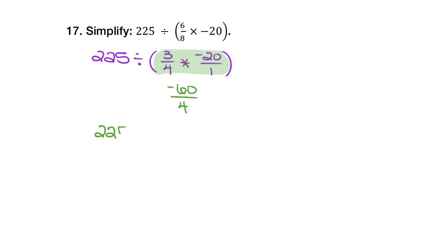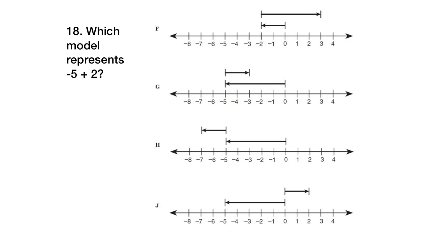So our problem has reduced all the way down to 225 divided by -15. Now, who knows what 225 divided by -15 is? -15. Very good. Y'all doubt yourselves sometimes.